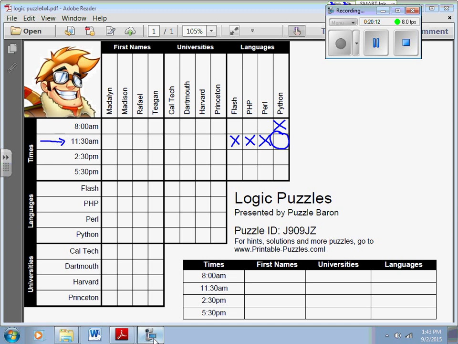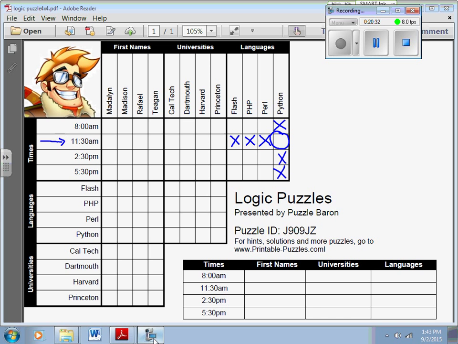Good. Anything else? So it'll be all the times for that one? There's only one time for the Python. It's 11:30, right? Python cannot do any other time, so we've got to X out the rest of them too. Okay. You okay with me right there?